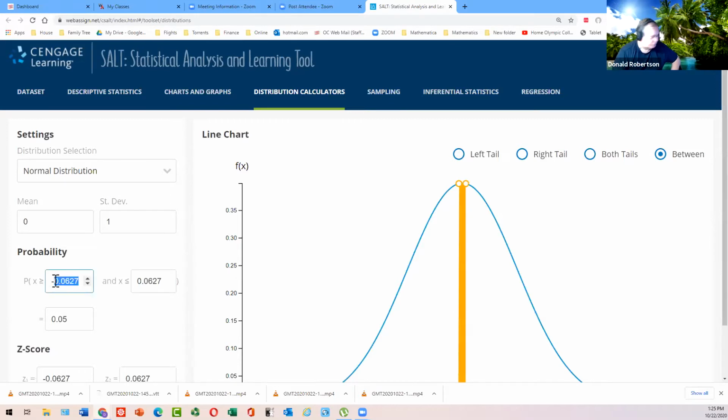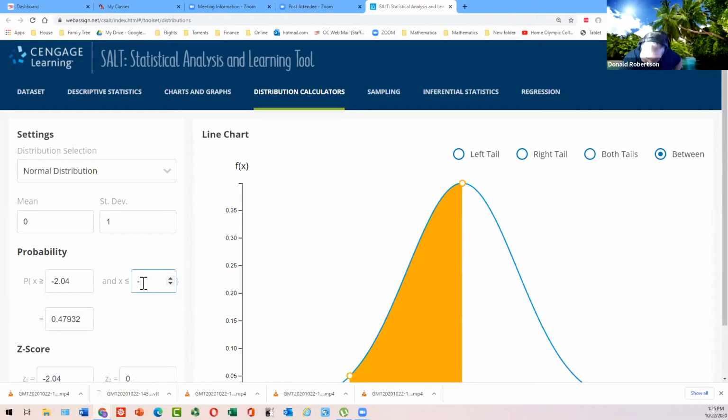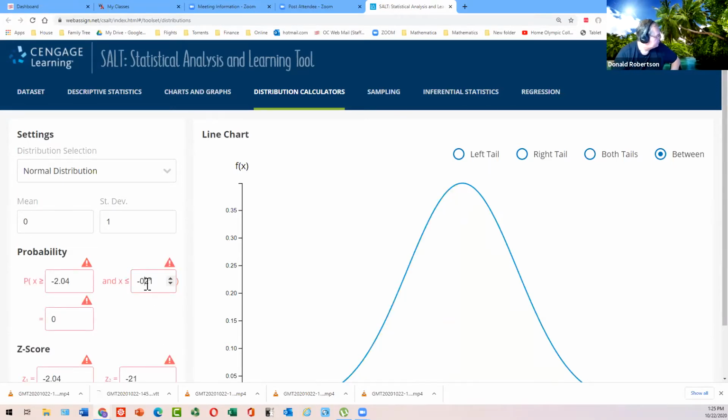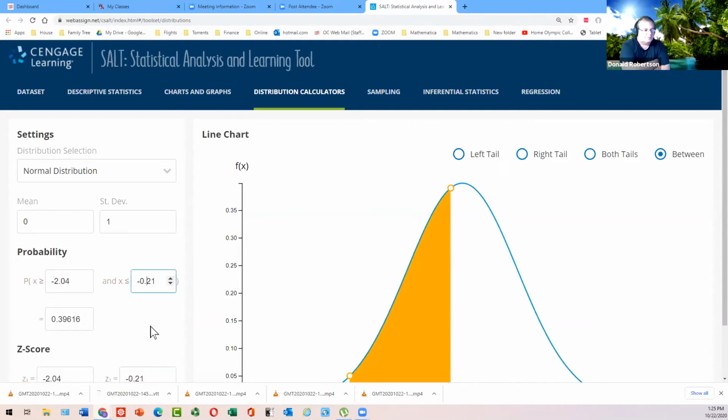On one side, I'm going to type -2.04. And on the other side, I'm going to choose the second number, which was -0.21. Didn't hit my decimal point. And the answer is what, about 39%, 0.39.